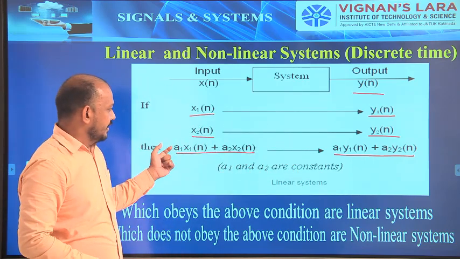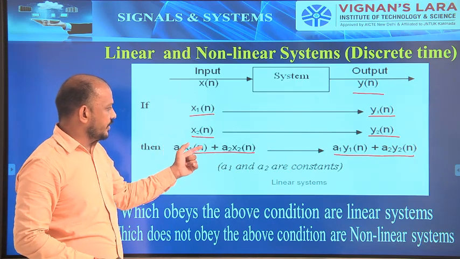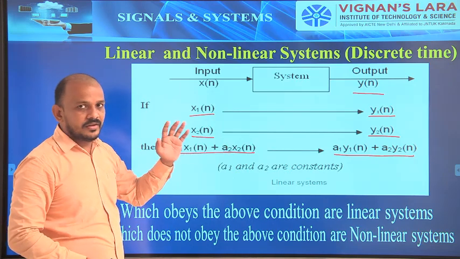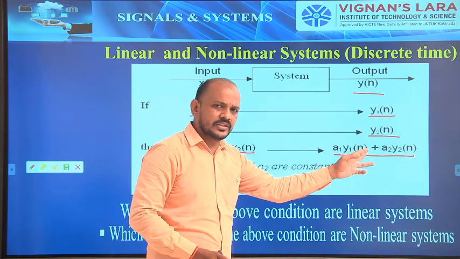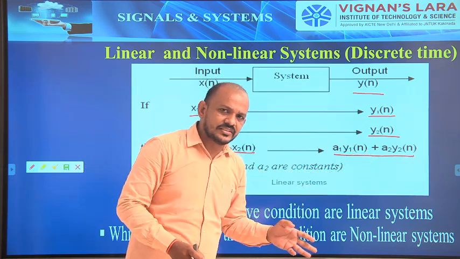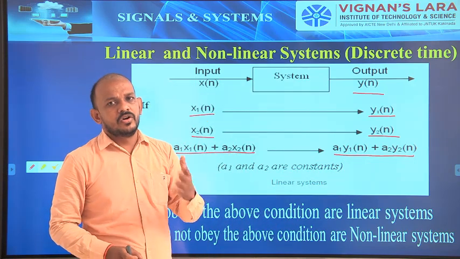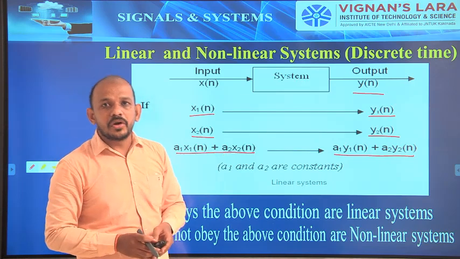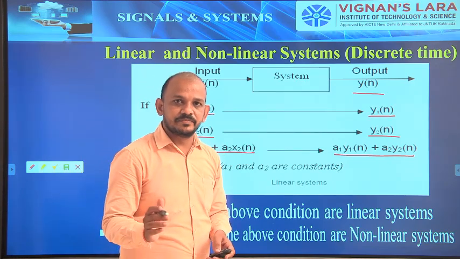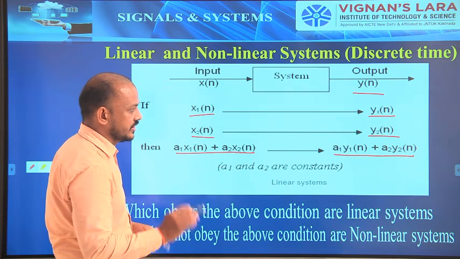If for the input a1 x1 of n plus a2 x2 of n the system is giving any output other than this one, then we can say that system is not following the principle of homogeneity and superposition, and we can say that system is a non-linear system. Okay, I hope you are all clear with this.